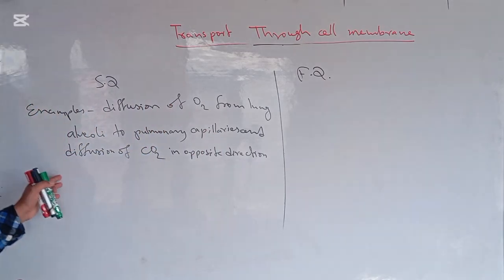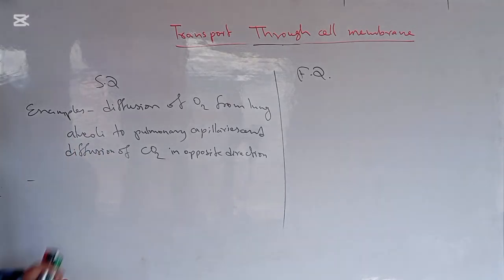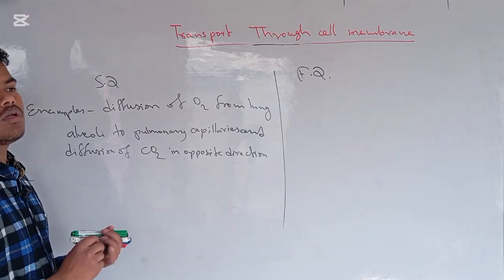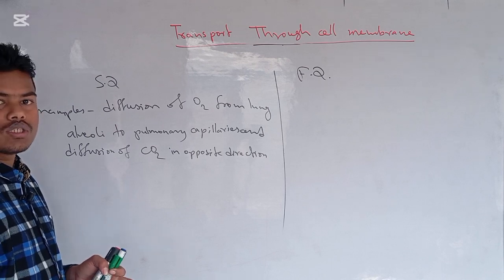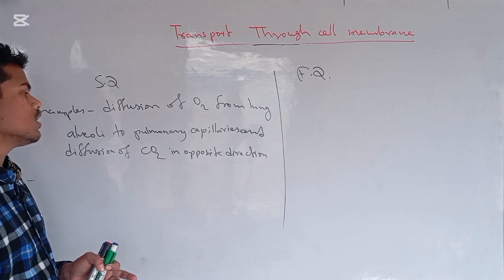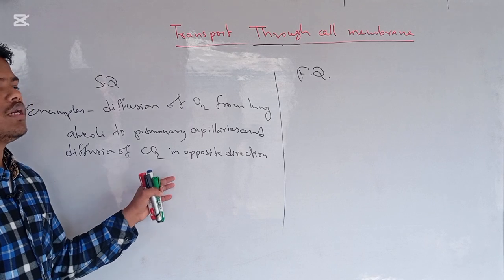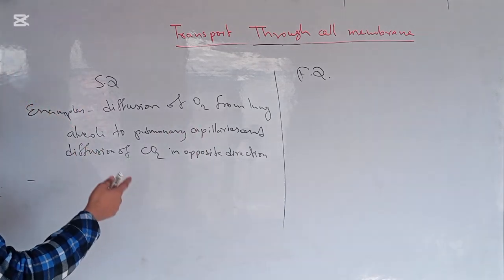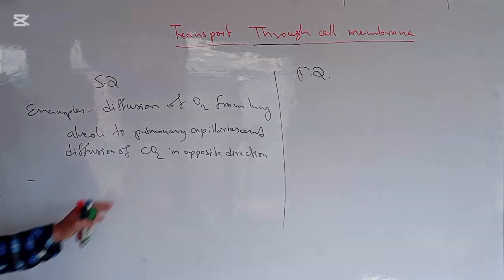And also here you can mention examples like the diffusion of oxygen from the systemic capillaries to the tissues, and from tissues or cells, carbon dioxide will diffuse into the systemic capillaries, and that CO2 will be carried by the venous blood to the lung, then out through the respiratory tract.